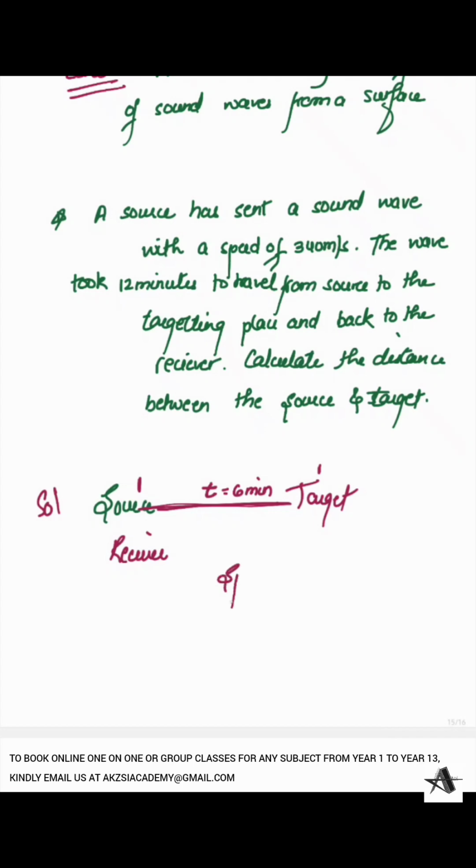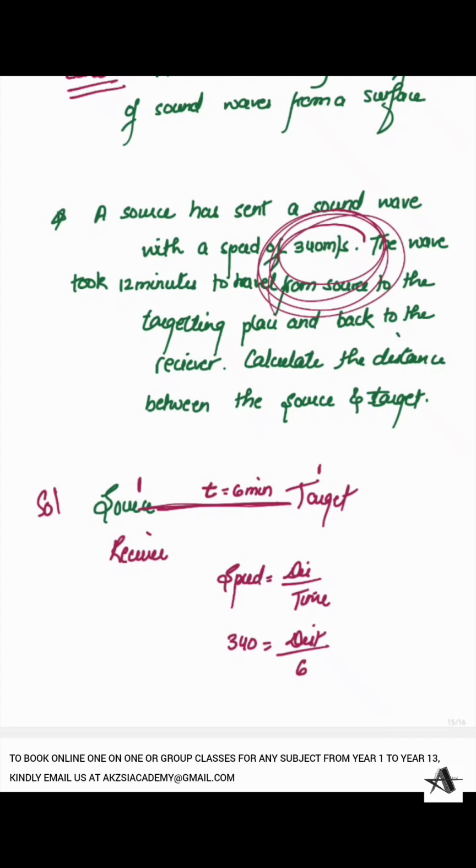So speed is equal to distance over time. Speed is 340 meters per second. Distance we have to calculate, and time taken is 6 minutes. But the speed is in meters per second, which means we have to convert 6 minutes into seconds, so multiplying it by 60.